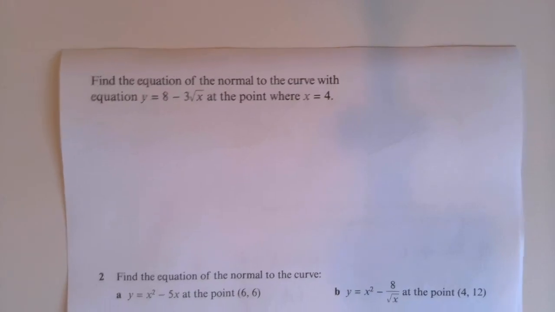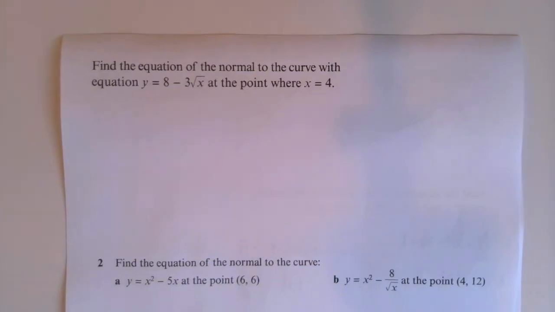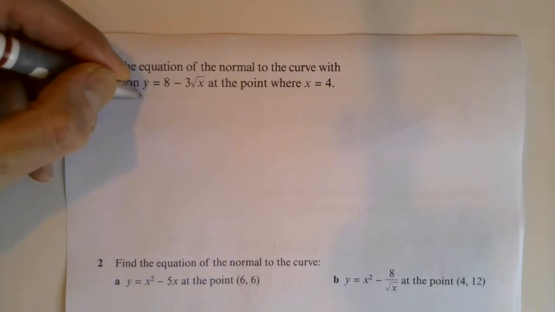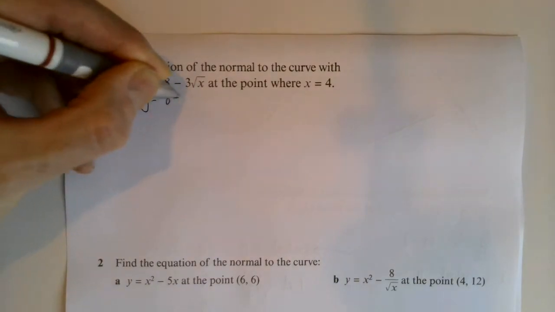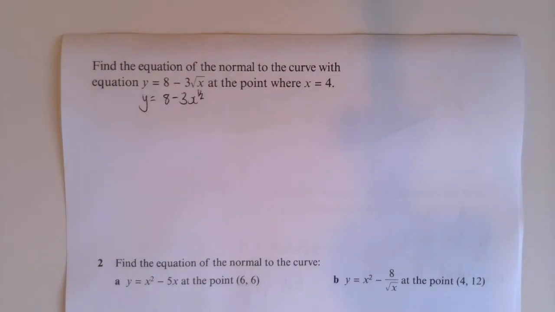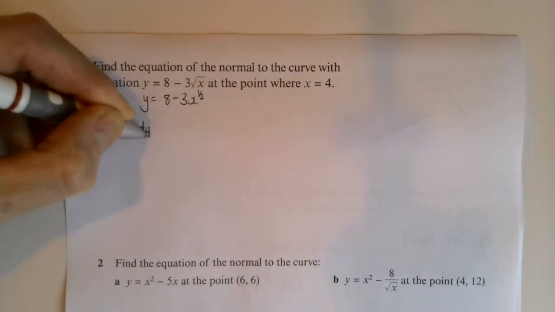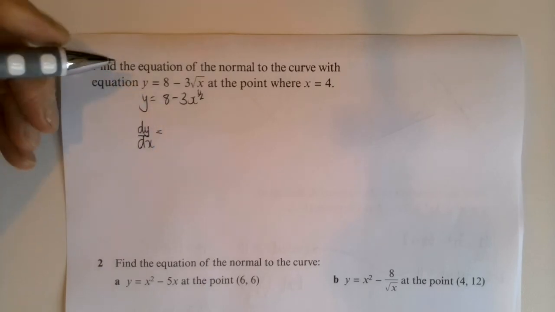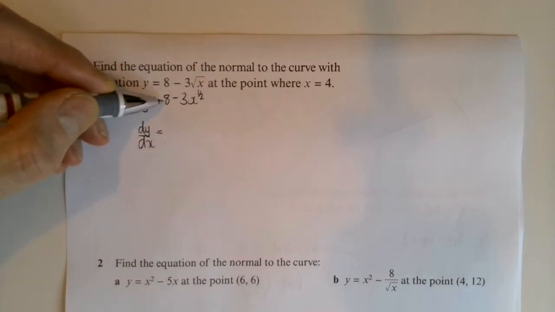Find the equation of the normal to the curve with that equation at the point where x equals 4. First thing I'm going to do before I do any differentiating is rewrite this in index form. The square root of x is x to the half. Haven't differentiated, just rewritten it in index form. Now I'm going to differentiate. Great news. Constant terms disappear.